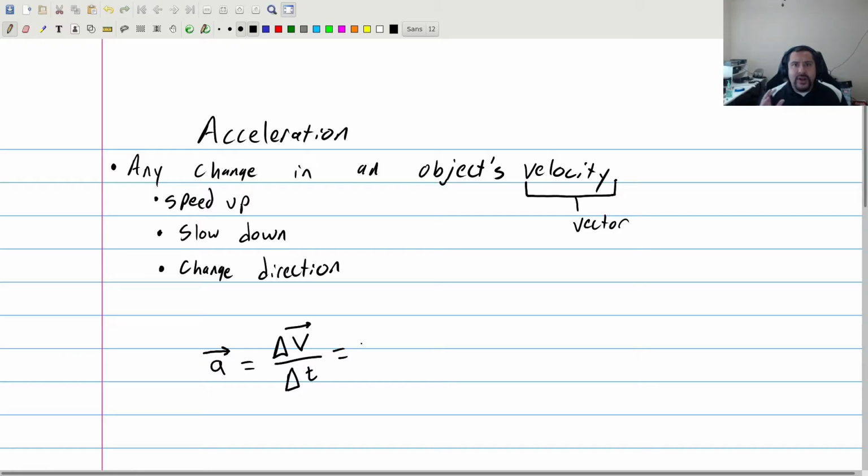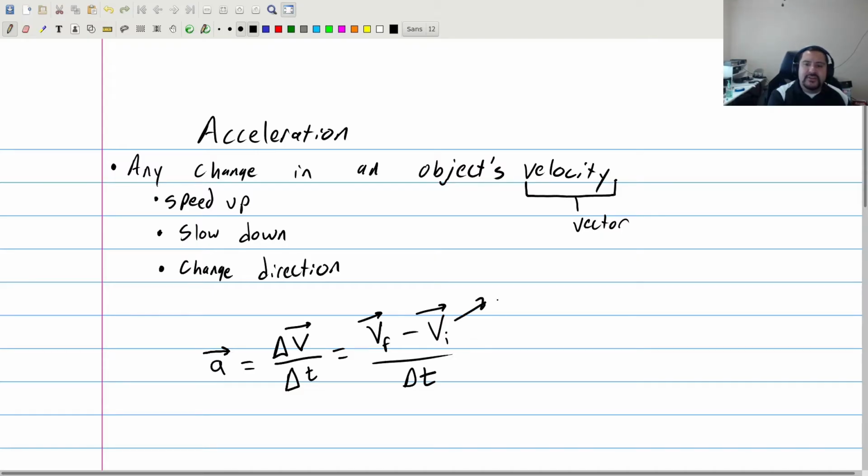And if you want to know how much it changed, you just subtract the two. It's going to be the final velocity minus the initial velocity divided by the time, change in time. So, final velocity minus initial velocity divided by change in time.